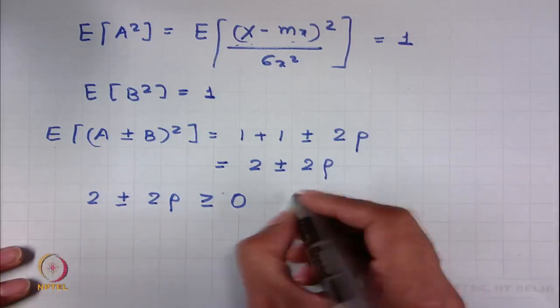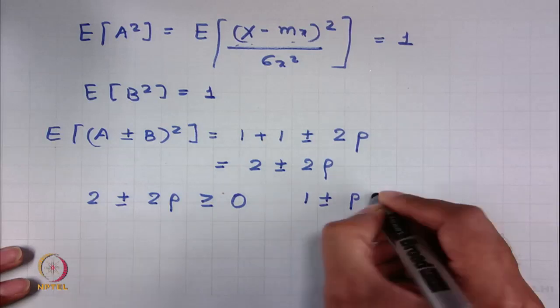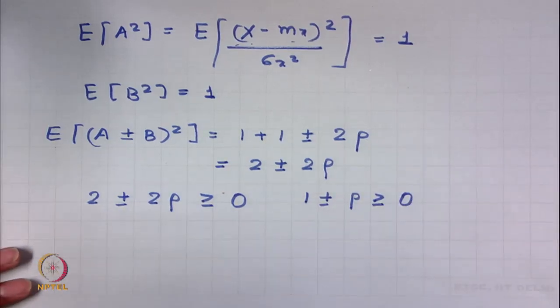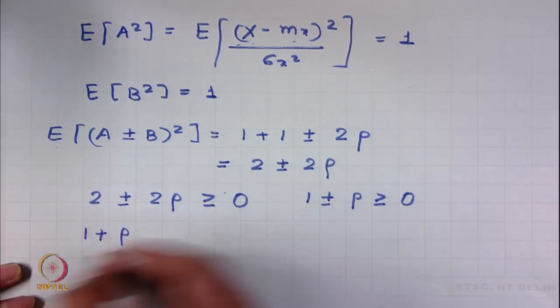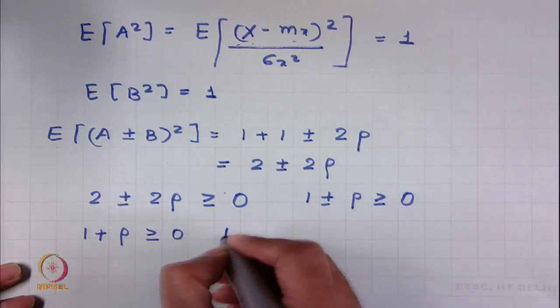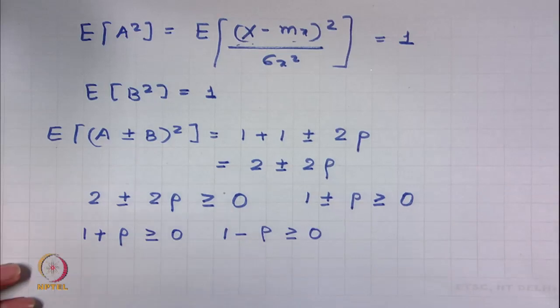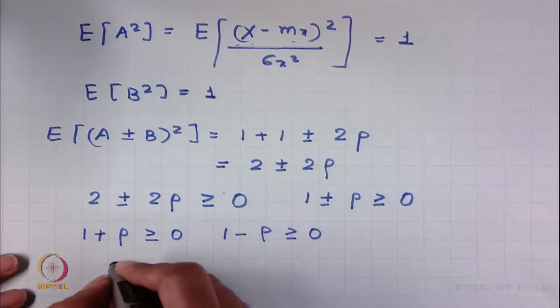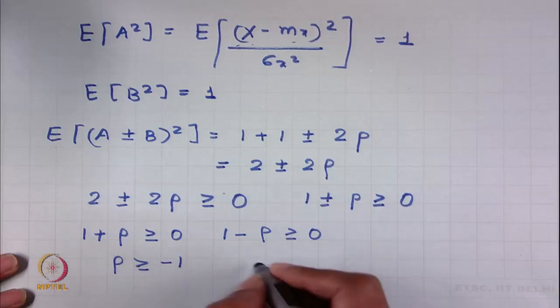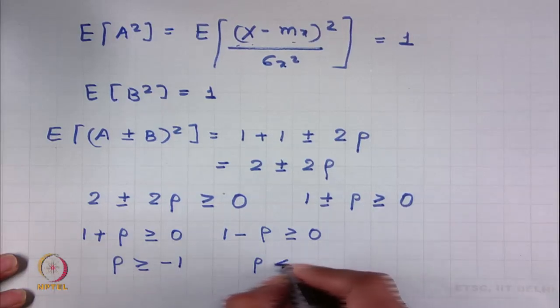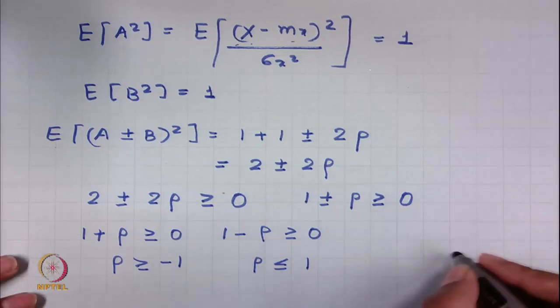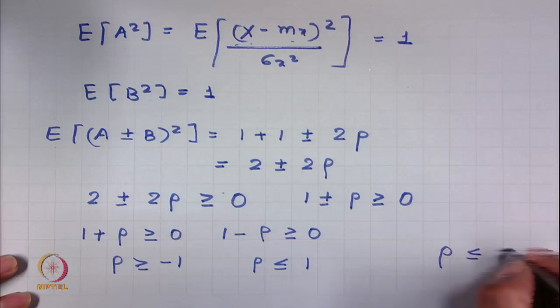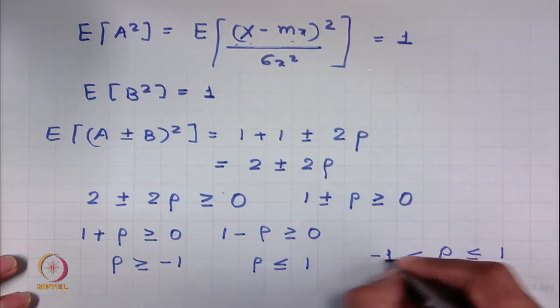So, from this I get 1 plus or minus rho is also always non-negative, and from this I can say 1 plus rho is greater than or equal to 0 and 1 minus rho should also be greater than or equal to 0. From this I get rho is greater than or equal to minus 1, and from this rho should be less than or equal to 1. Okay. So, using these two I can say that the correlation coefficient rho always lies between 1 and minus 1.